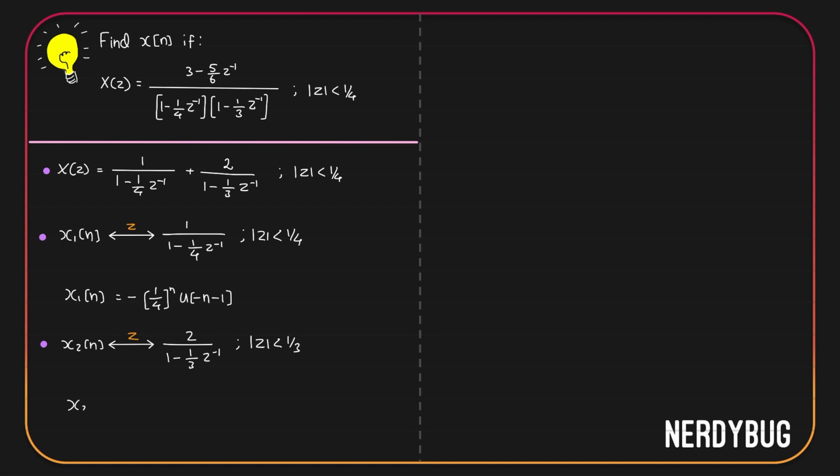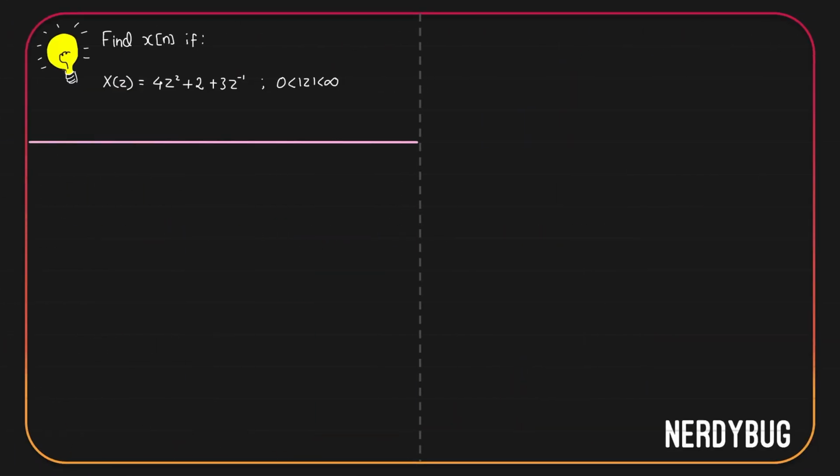So we can write x2 of n is minus 2 times 1 by 3 to the power n u of minus n minus 1. To get the final x of n, we can put them together. We will get minus 1 by 4 to the power n u of minus n minus 1 minus 2 times 1 by 3 to the power n u of minus n minus 1.